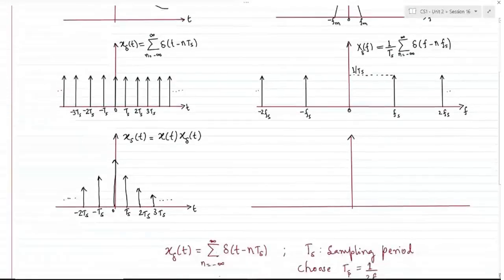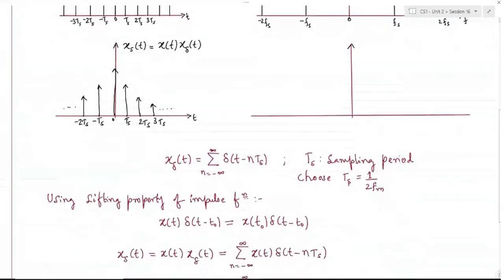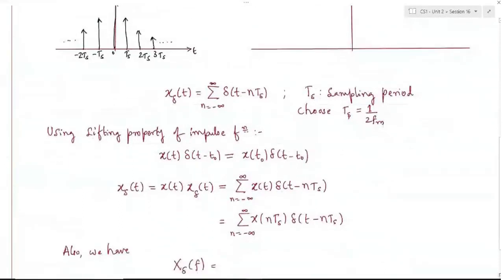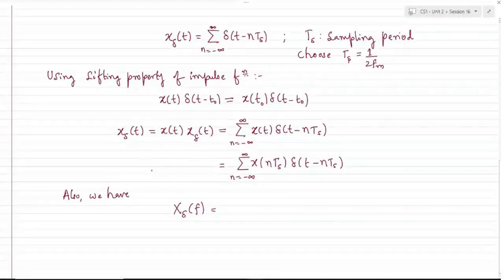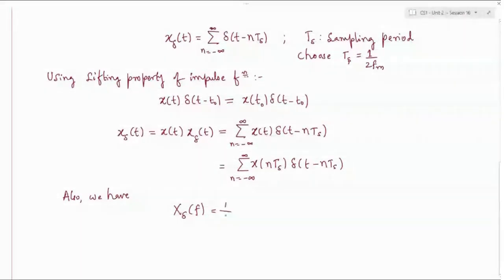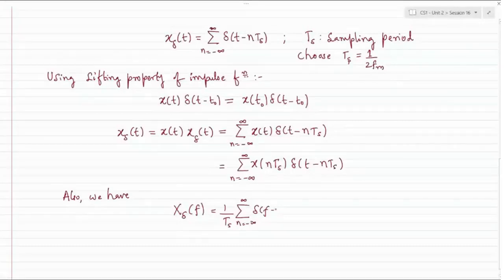I will pick the same expression here just for continuity of the representation. The frequency domain representation of our sampled signal, which is x delta of f, is nothing but 1 over Ts summation from minus infinity to infinity of delta of f minus nfs.